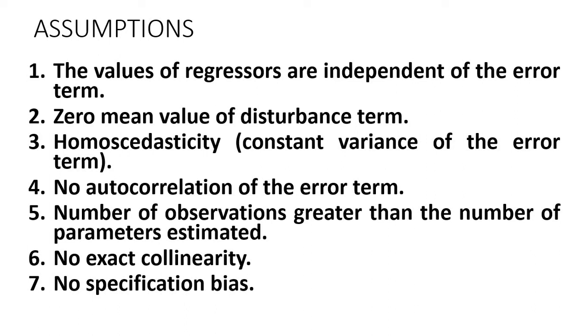Second, we assume zero mean value of disturbance term. As we discussed during one of the first lectures, it's impossible to design such a regression model which would fit all the observations. There will be some residuals and it's totally fine.